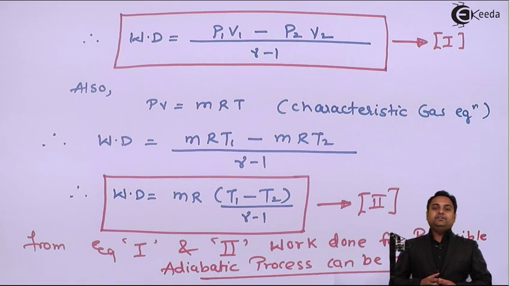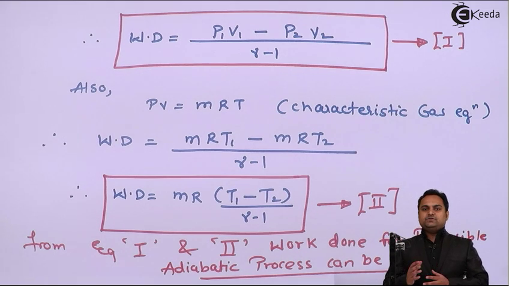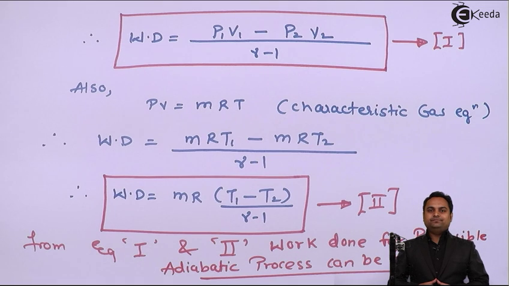Now after completing the work done, we are going to see the change in internal energy, and as we know, in case of reversible adiabatic process the heat transfer is 0.